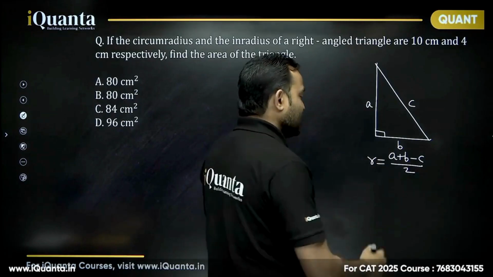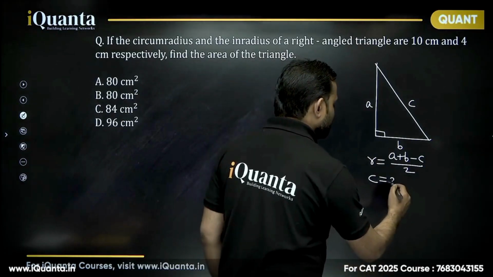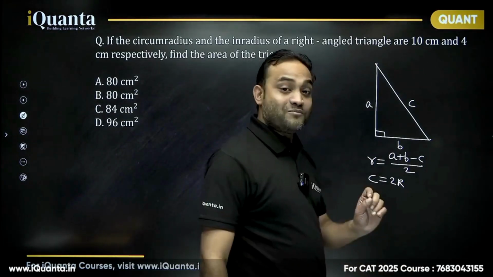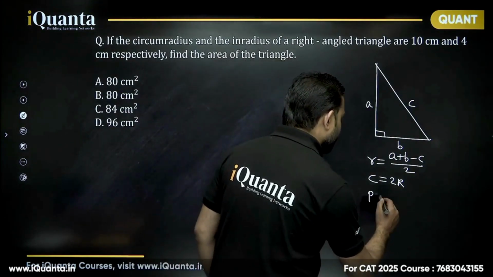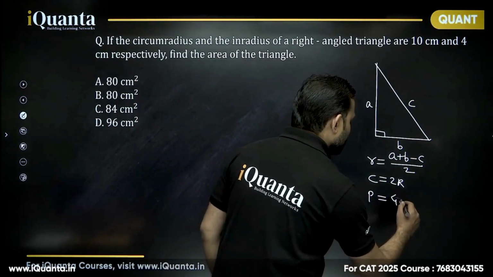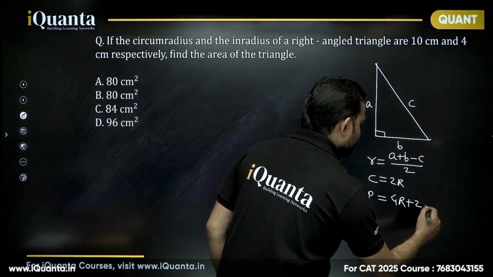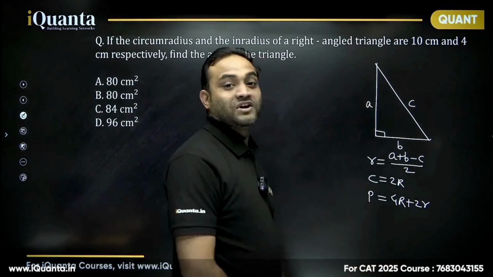We also know that C is equal to 2R. And there is one more thing that you should remember, that perimeter of a right angle triangle is equal to 4 times circumradius plus 2 times inradius.